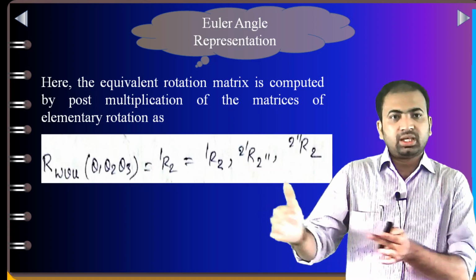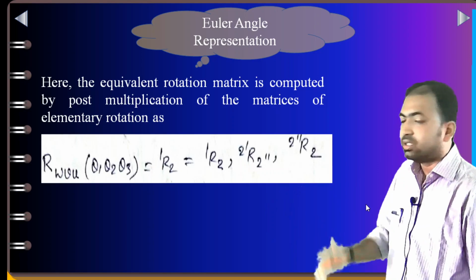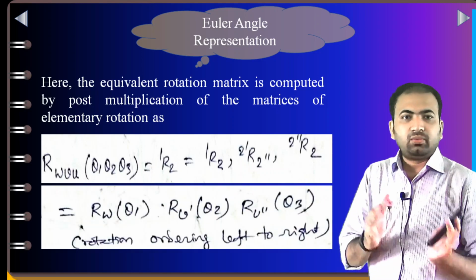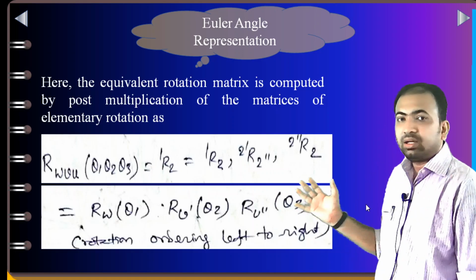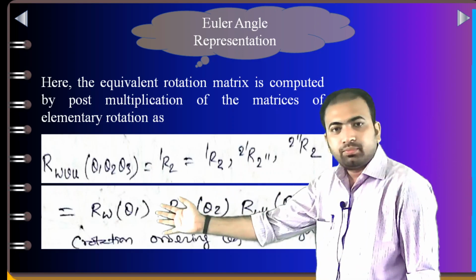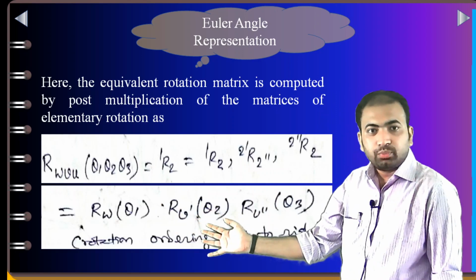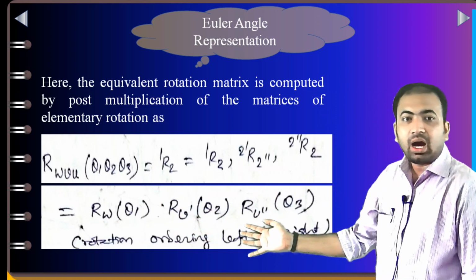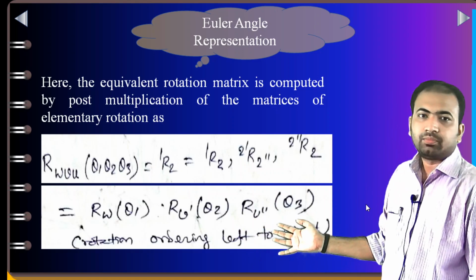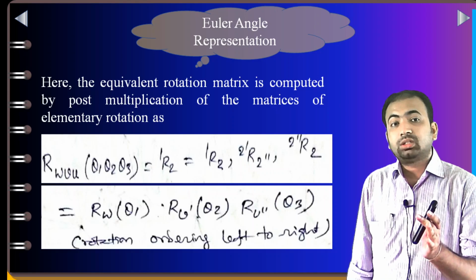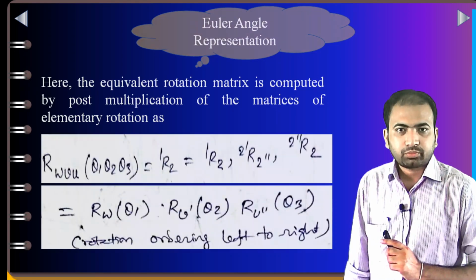So this sequence we have followed, and the same thing is mentioned here. Then we can write it in the form RW theta 1 multiplied by RV dash theta 2 multiplied by RU dash theta 3. So always remember that the rotation was left to right, okay.